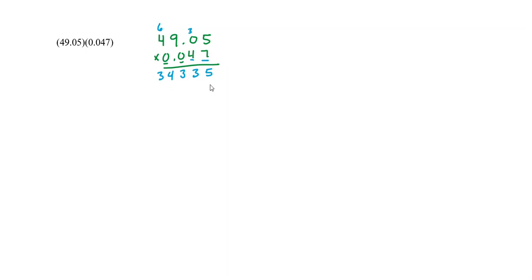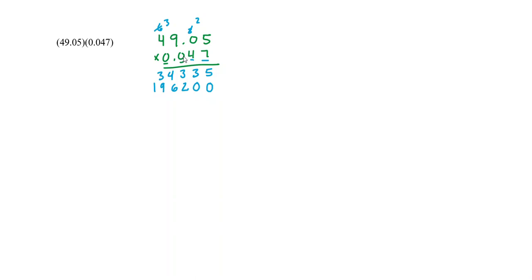Okay, bring down a 0 placeholder, move to the next place, which is the 4. 4 times 5 is 20. Carry the 2. 4 times 0 is 0, plus 2 is 2. 4 times 9 is 36. Bring down the 6. Carry the 3. 4 times 4 is 16, plus the 3 is 19.